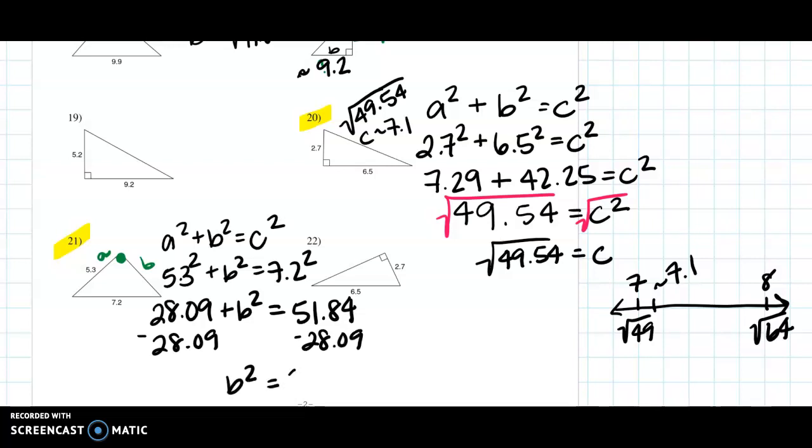That means B squared is equal to 23.75. We take the square root of both sides to find out that B is equal to around 4.8.